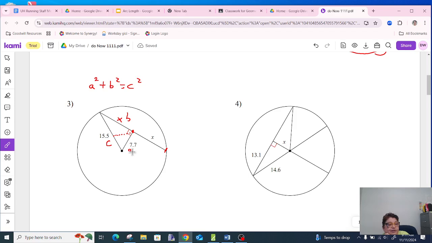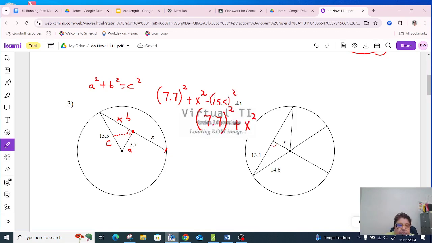Now I could substitute in. So 7.7 squared plus x squared has to equal 15.5 squared.